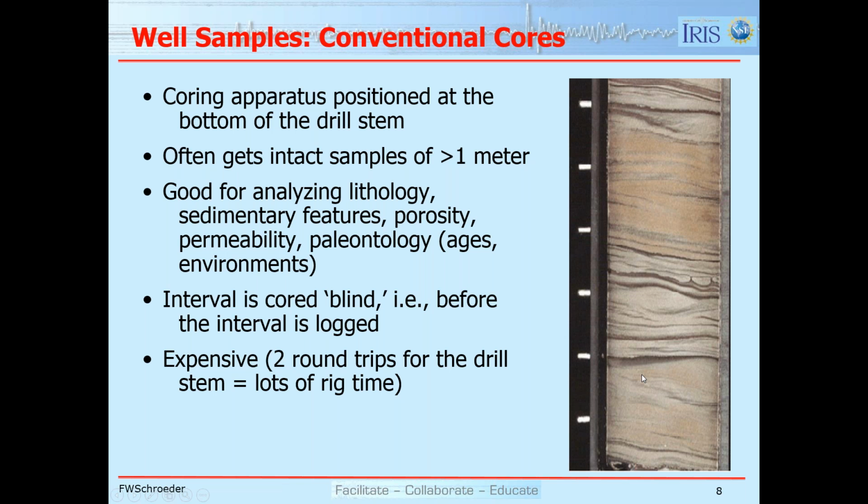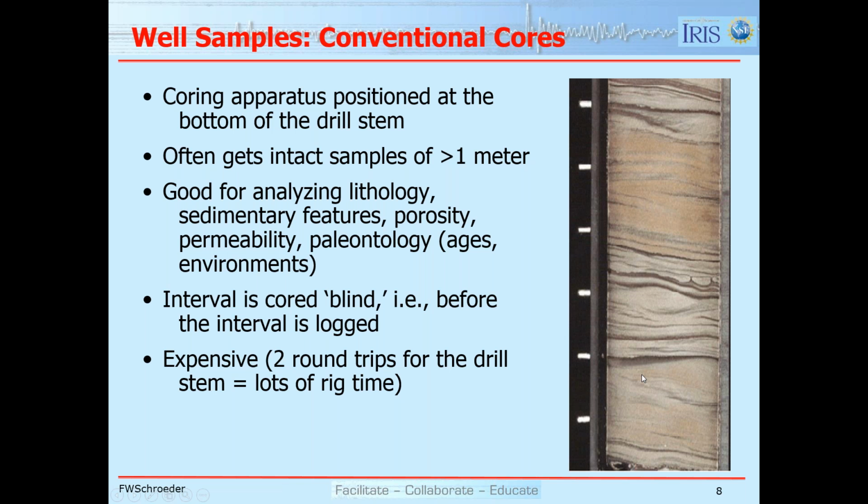I'm not really comfortable trying to quote you how much it costs to get a conventional core or a sidewall core. I know the sidewall cores are relatively cheap because as you're logging a well, you can get the sidewall cores, so there's not very much rig time lost in collecting them.